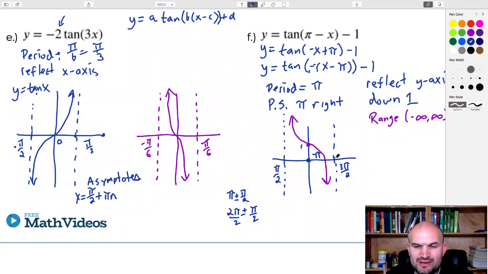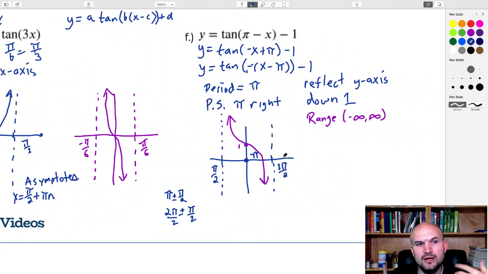Now, what do we do when we have these transformations? The 1 is not going to affect the asymptotes, but for the negative pi minus x, set that equal to one of your original asymptotes, which we can just say is pi halves. Then we solve for x, because if my original asymptote occurred at pi halves, with these transformations I want to see where the new asymptote will be.